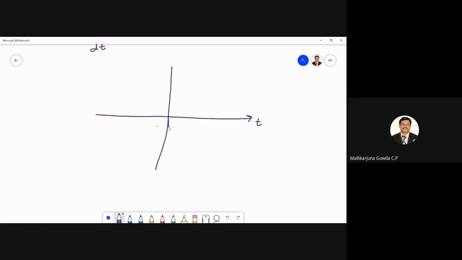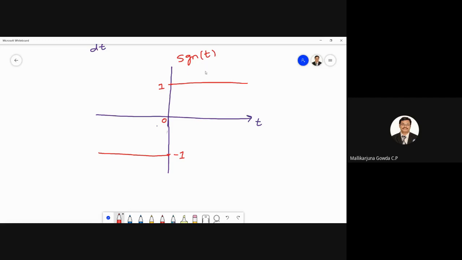If I take this as sgn of t, it will be 0 at t equal to 0. For t greater than 0, it will be plus 1, and for t less than 0, it will be minus 1. Okay, so this is my sgn of t.